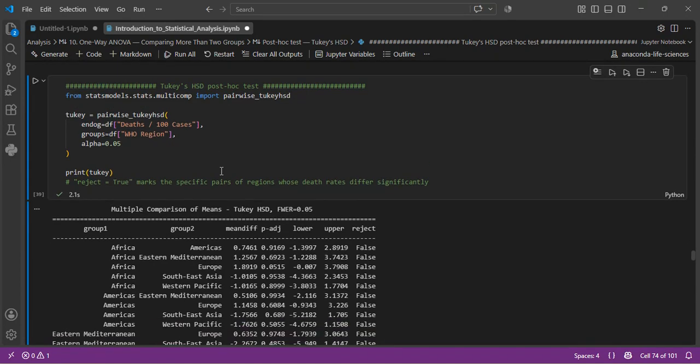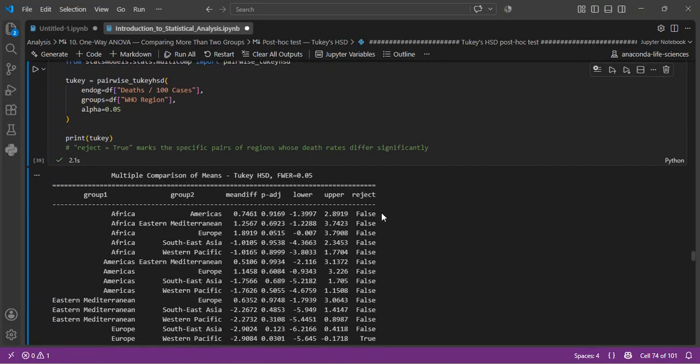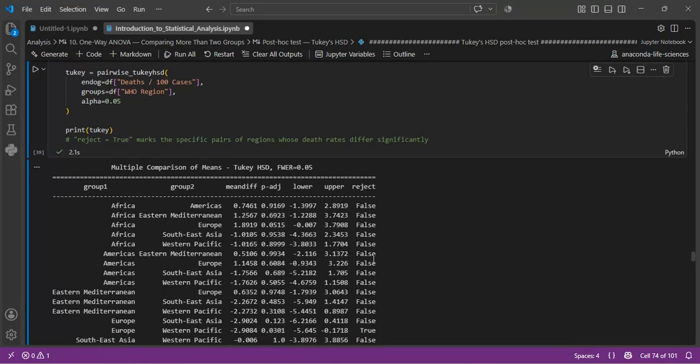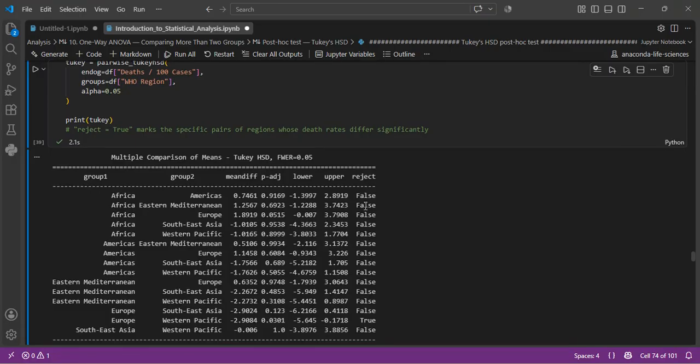And so how do we get to know that the differences are significant or not? Here the reject gives a summary of that. So we can just tell whether the differences between two regions or pairs of regions are significantly different. So Africa and Americas, their death rates do not differ significantly because their reject status is false.